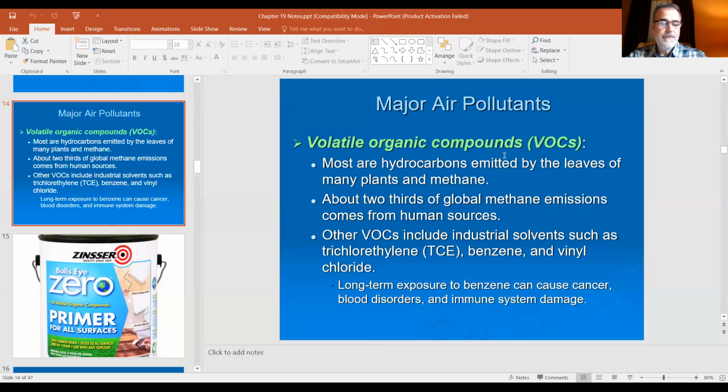And we can see from the notes here, the VOCs are hydrocarbons, compounds that have hydrogen and carbon in them, can be released by the leaves of many plants, and methane. About 2/3 of global methane emissions come from anthropogenic, or human, sources, and other VOCs are solvents that we produce.